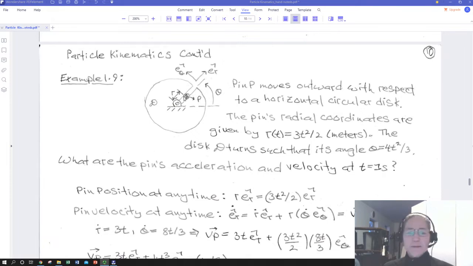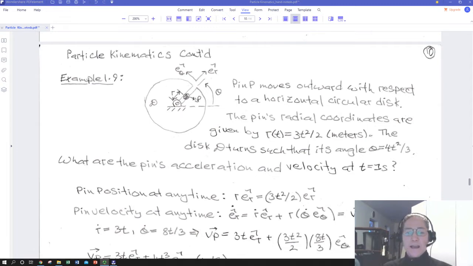Maybe somebody took some time-lapse photography and found that we could describe its radial position versus the origin here as 3t squared divided by 2 meters. And we have a turning speed, an angular position of the disk, which is theta equals 4t squared divided by 3.